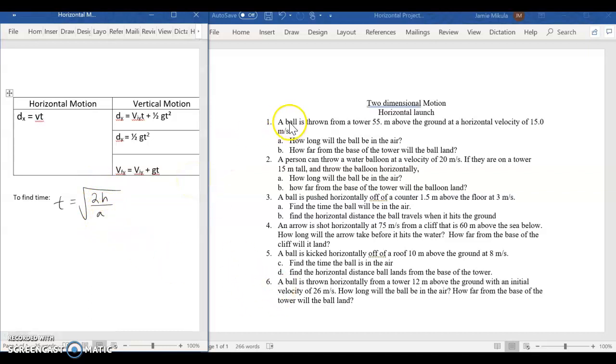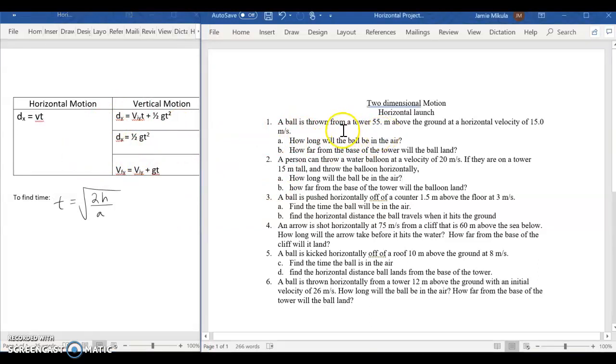I've substituted a few things like distance in the y direction, and viy means the initial vertical velocity, dy is distance vertically, vfy is the final velocity in the vertical direction. So that's just a few hints on the formulas that I use. If you have any questions about that, just let me know.